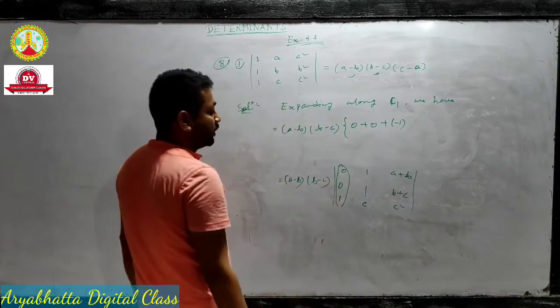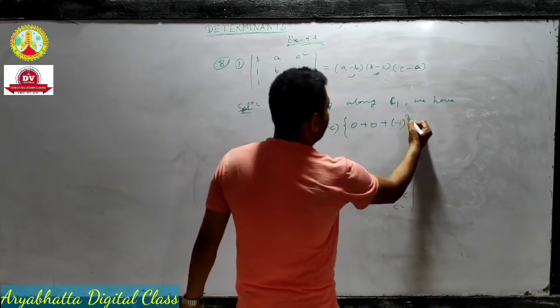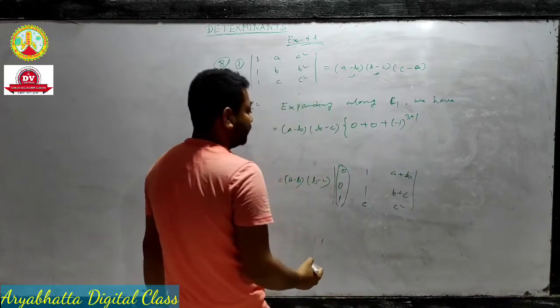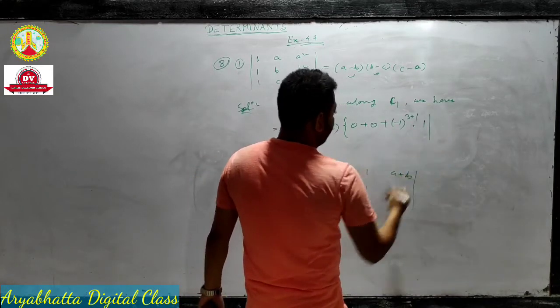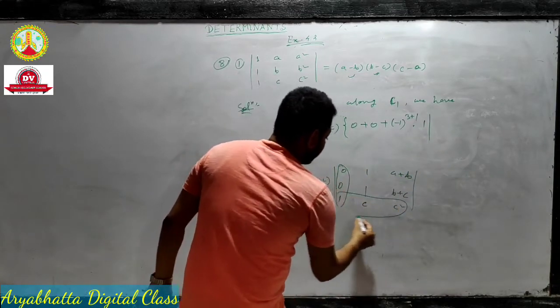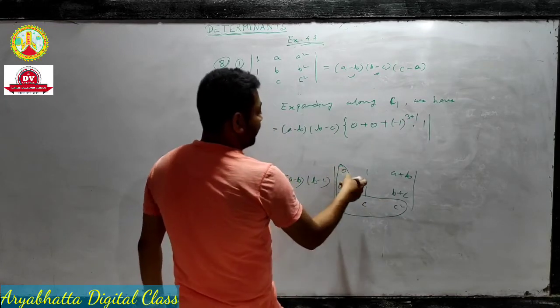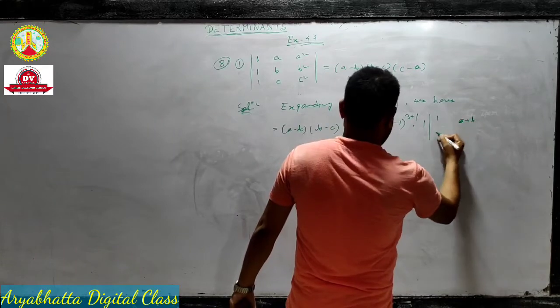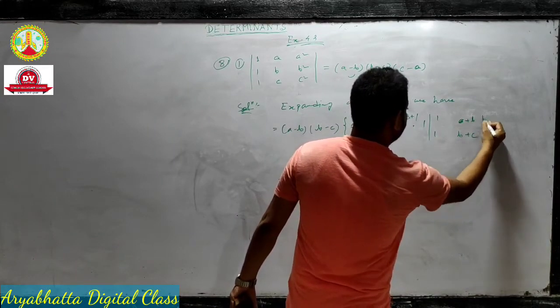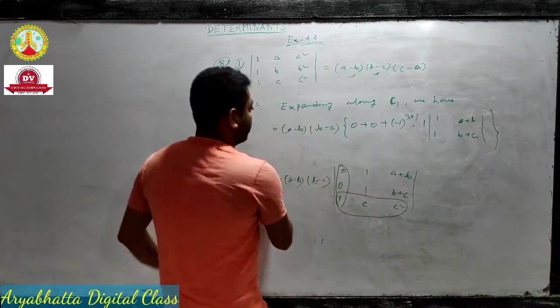This element belongs to third row first column, therefore minus 1 whole power 3 plus 1 into the element A31, 1, into deleting this row and this column, the remaining elements are 1, a plus b, 1, b plus c. Bracket close.